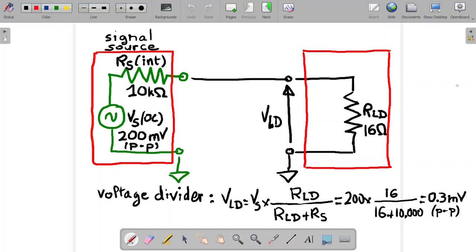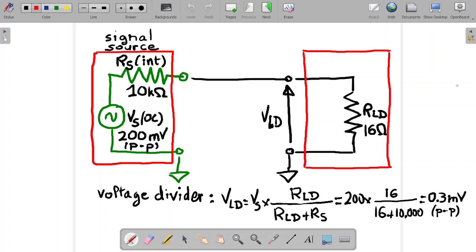Today we're gonna talk about the common collector amplifier. The common collector amplifier is also known as the emitter follower amplifier. As you probably know, the common collector amplifier has no voltage gain, but it has high current gain.